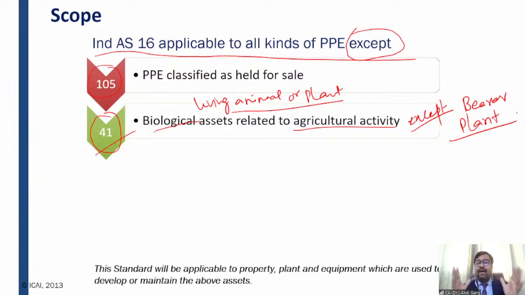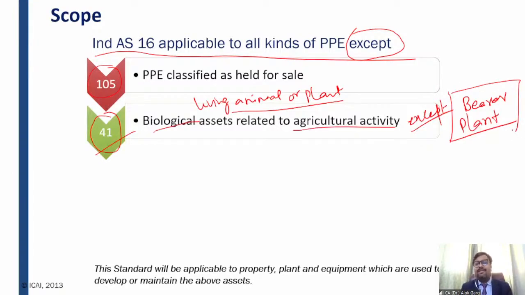These kinds of plants and trees provide fruits for more than 1 year, more than one period. Such plants are called bearer plants. These bearer plants come into the purview of Ind AS 16, not Ind AS 41, right? So apart from bearer plants, all the plants, if related to agricultural activity, are covered under Ind AS 41. So guys, only bearer plants come under the purview of Ind AS 16, right?